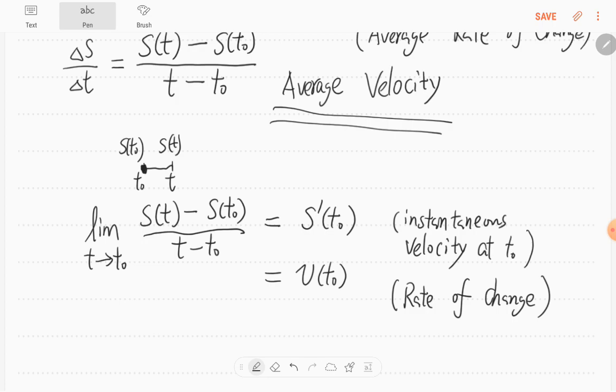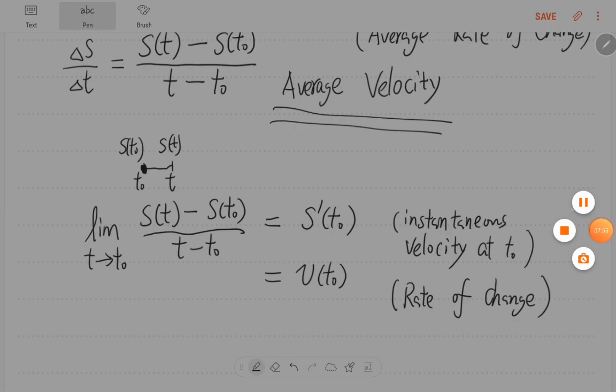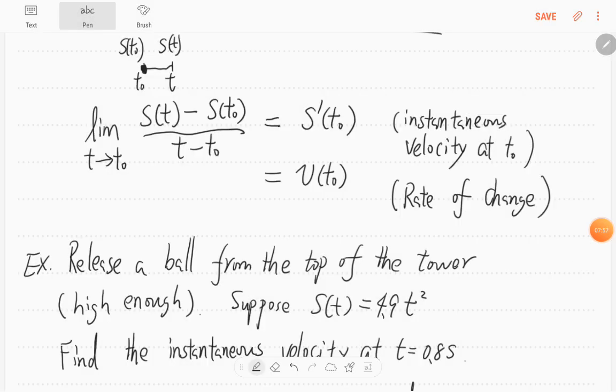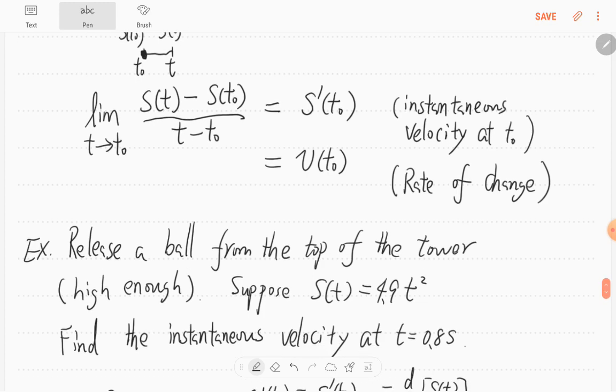So now let's look at the next example. Let's look at the example where we release a ball from the top of a high enough tower. We want to find the instantaneous velocity of this ball at the moment t equals 0.8 second.